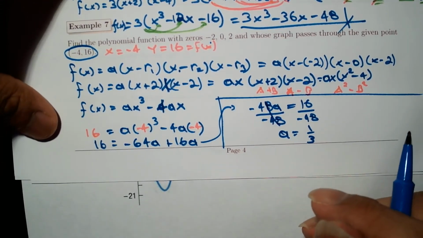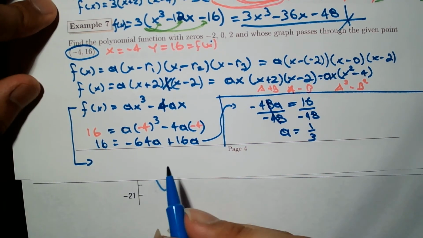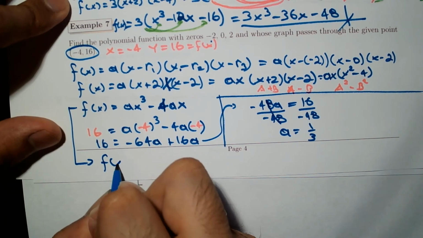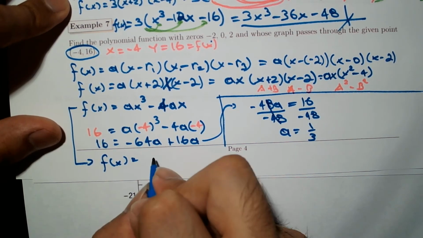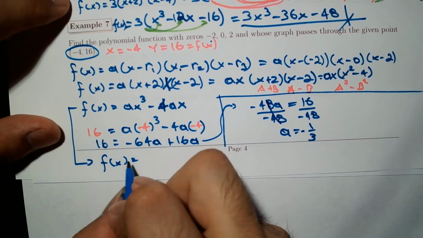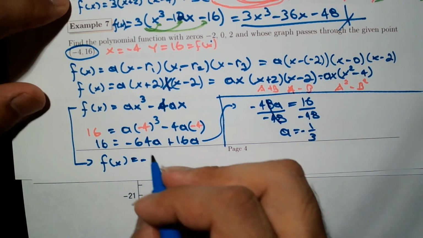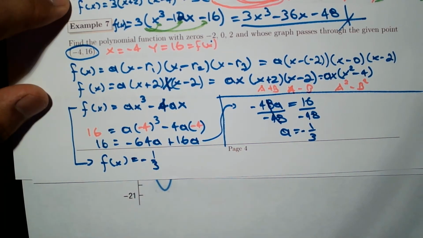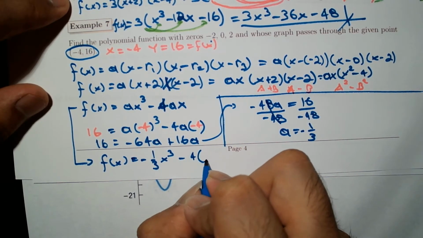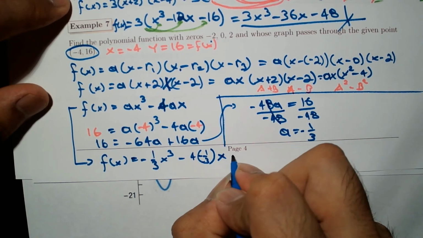So now our final answer is going to be this function. f of x equals, actually -1/3. -1/3 x cubed minus 4 times -1/3 x.